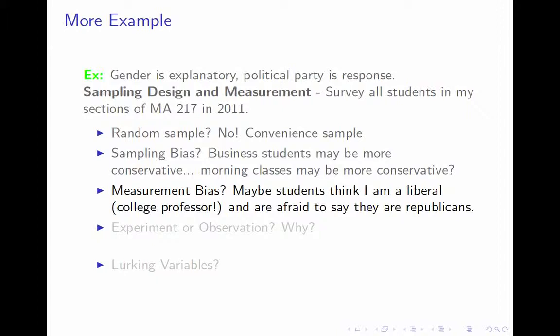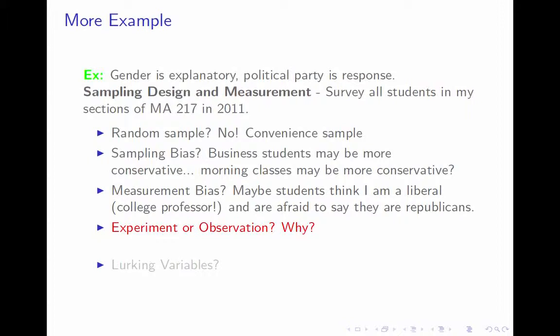It was: what political party do you have? But there is the possibility for a response bias because people may answer what they think I want to hear. And a reasonable guess, since most college professors are liberal, is that I'm a liberal. So maybe you would be afraid to say that you're a Republican for fear that I would disapprove or lower your grade or something. I won't.